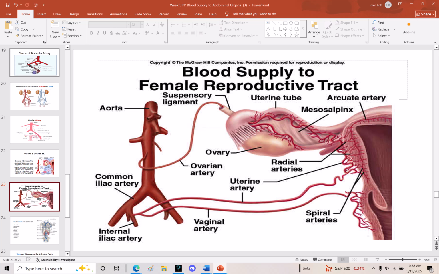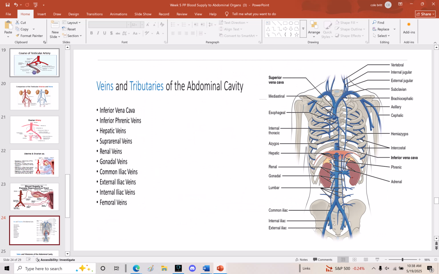Now, the rest of the veins in the abdominal cavity. So not only do we have the inferior vena cava, we have our renal veins. We have our adrenal or suprarenal veins. We have inferior phrenic veins here. Here we have the hepatic vein. That drains from the liver into the IVC.